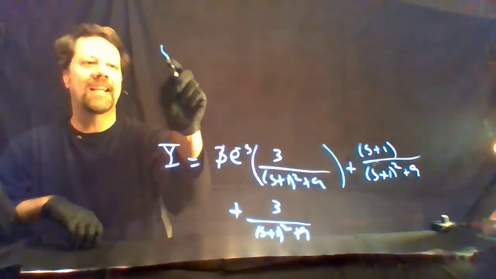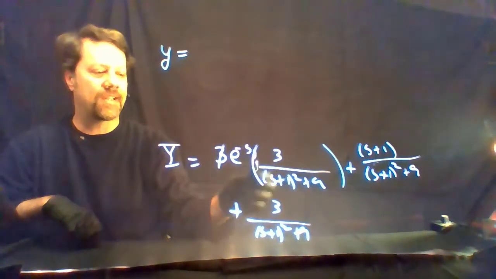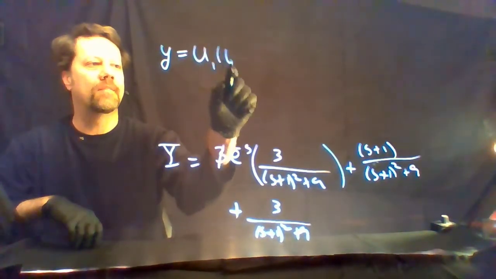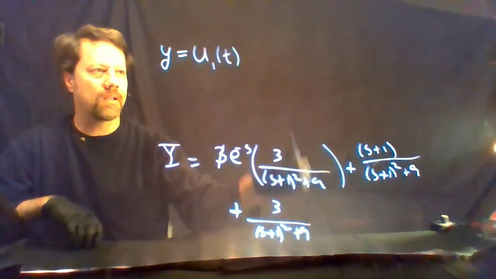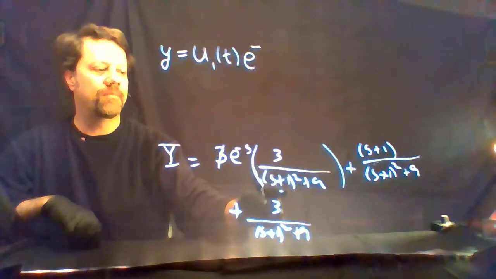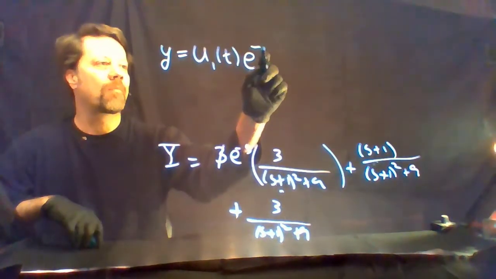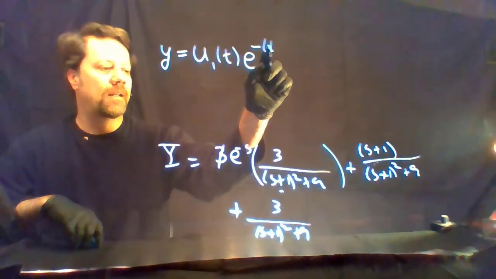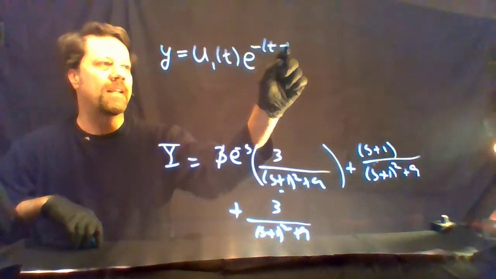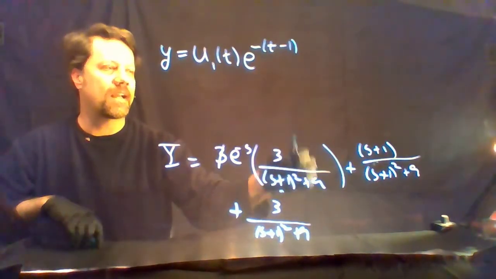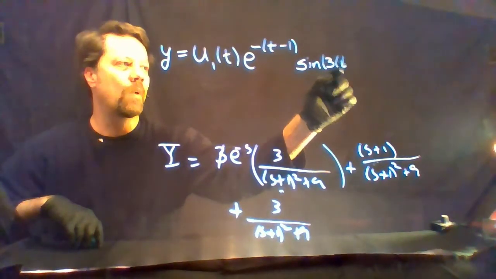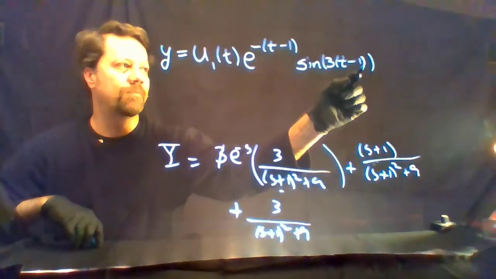Finally, taking the inverse Laplace transform on each side, the first term gives us a unit step function at 1. This part gives rise to an e to the minus, because you take the opposite sign here, and it's translated 1 unit over, t minus 1. There's a sine function going on here, the sine of 3 times the quantity t minus 1.